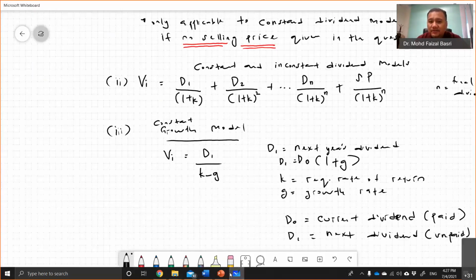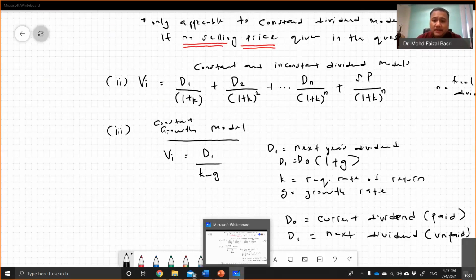They can ask you for K, they can ask you for G as well if they want. But obviously if they ask you for G, for example, D1 you can find, K will be given, the current value will be given in the question as well, just like what we have here.